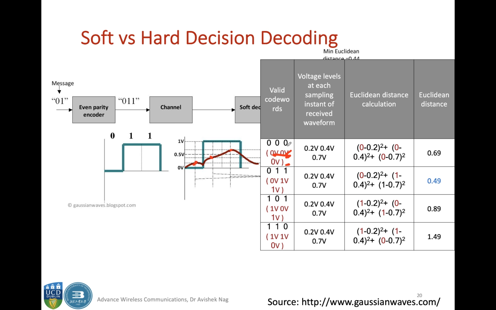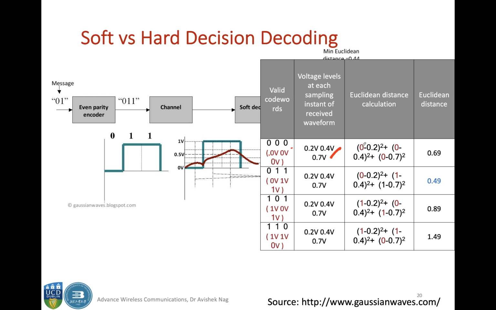So now you calculate the Euclidean distance between these voltage levels, instead of taking the Hamming distance. The valid code words are these. So 000 means 0 volt, 0 volt, 0 volt, and 011 means 0 volt, 1 volt, 1 volt, etc. And these are your voltage levels at each sampling instant of the received waveform.